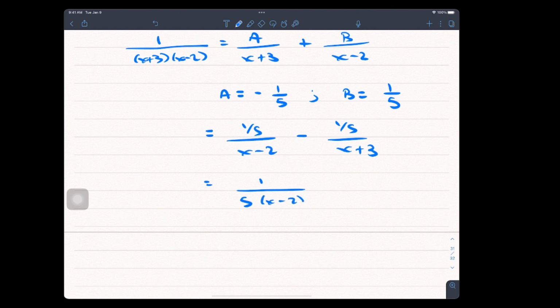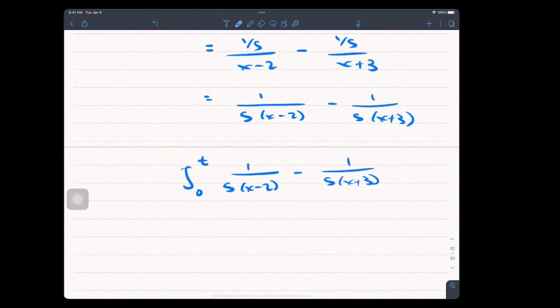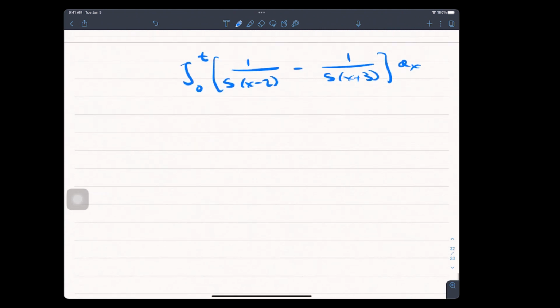1/5 over x minus 2 minus 1/5 over x plus 3. Now, that means I'm really integrating from 0 to t, 1/5 over x minus 2 minus that 1/5 over x plus 3, and that's dx. So you're going to get this 1/5.